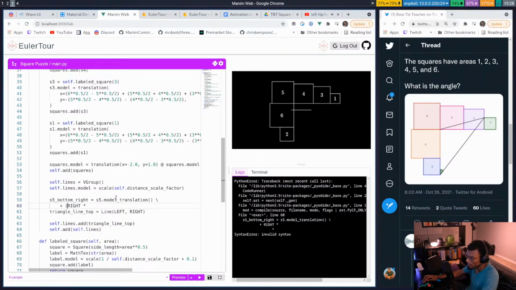So it's going to be right plus down times this divided by 2.